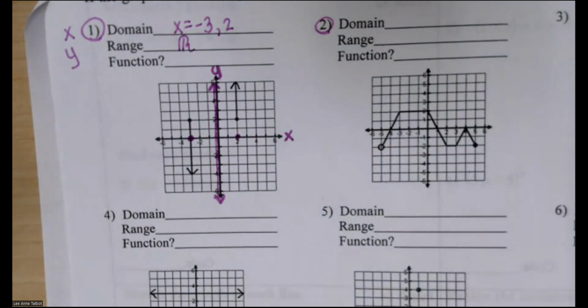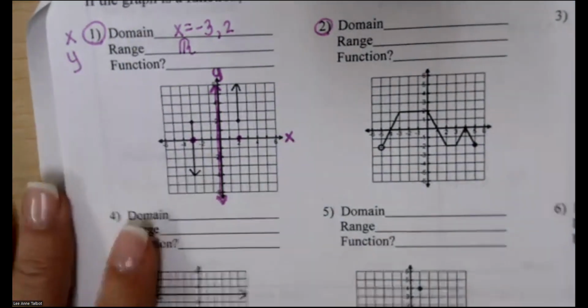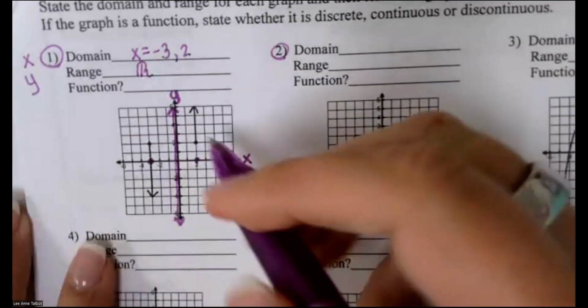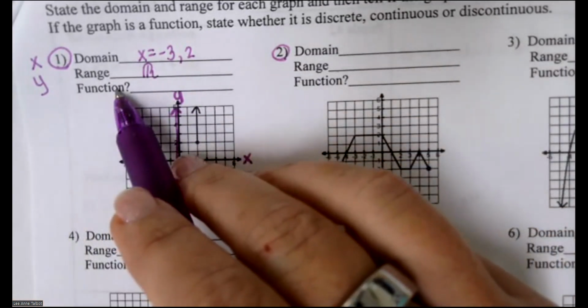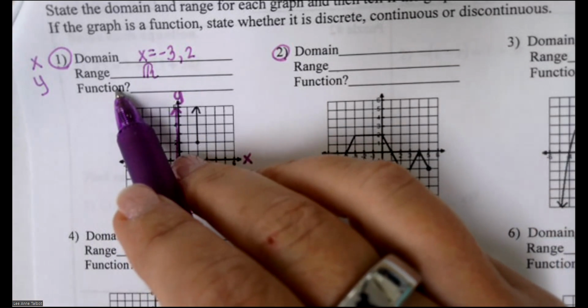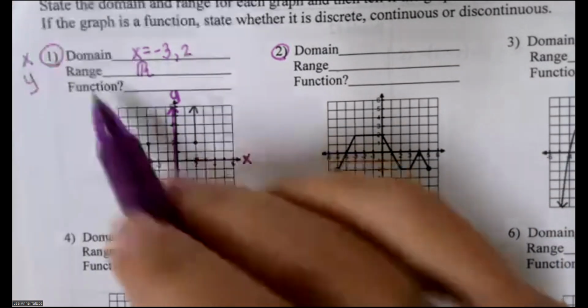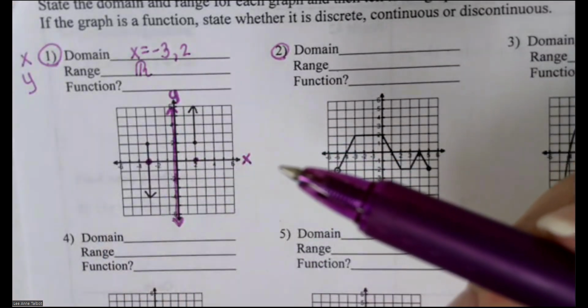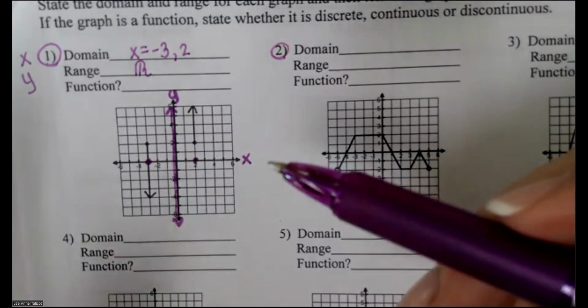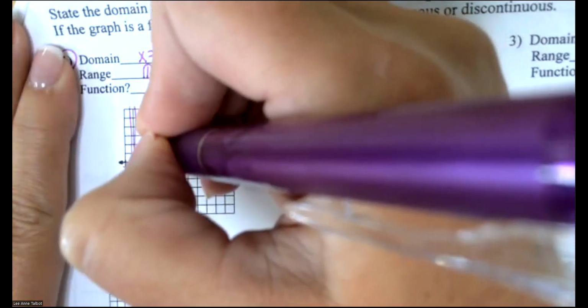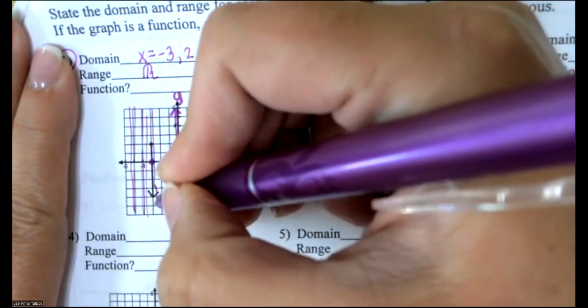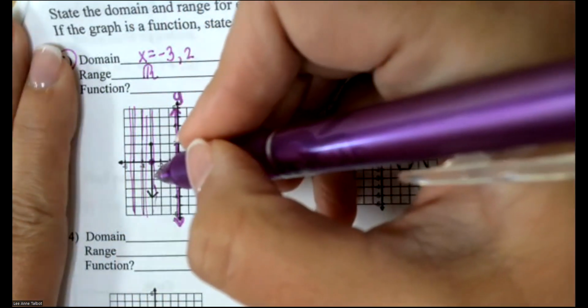Okay, last question. Is this a function? I can see your brains are trying so hard to remember. Functions, every x has an individual y. And on graphs, we use what's called the vertical line test. So we make vertical lines all along our graph, and we say, oh, does any of my vertical lines touch my graph more than once?